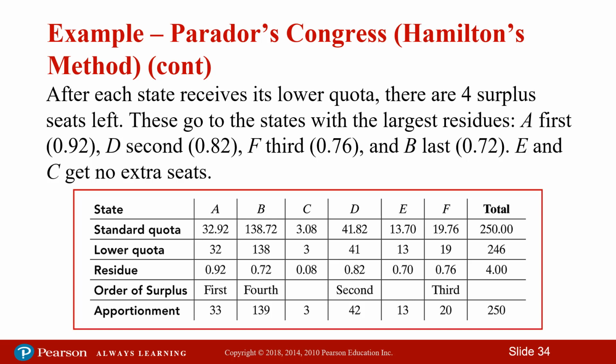That means we have 4 more seats available. We look at the decimal part that's left over and divvy out the other 4 seats based on the decimal. Are we good? I think that's kind of fair, personally. Then you add 1 more to each of those, you get 250, and you're done. That is the Hamilton method.